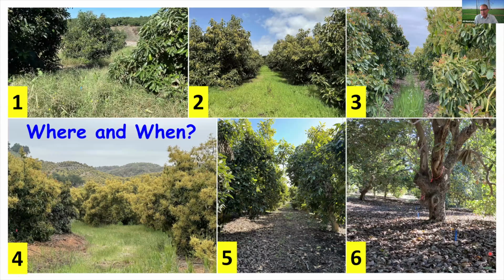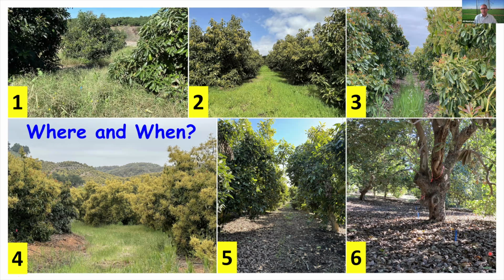So it's all about where and when we are talking about. Are we talking about avocado site 1, low density, with a lot of weeds or cover crop on the ground, or a high density orchard like site 3, or are we talking about early May with a lot of blooms on the ground, or a 45-year orchard like what we see in site 6? These are the major differences.